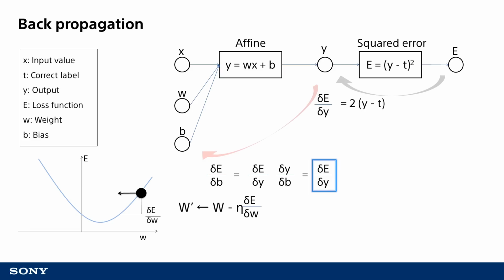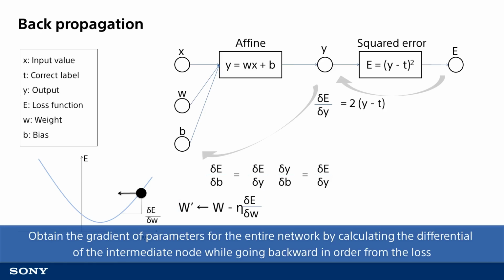We have now calculated the specific gradient values respectively for w and b that are included in this neural network, so if we update the parameter according to the obtained gradient, we can optimize the neural network by repeating this action. Calculating the gradient of the intermediate node while going backward in order from the loss makes it possible to obtain the differential of parameters for the entire network.